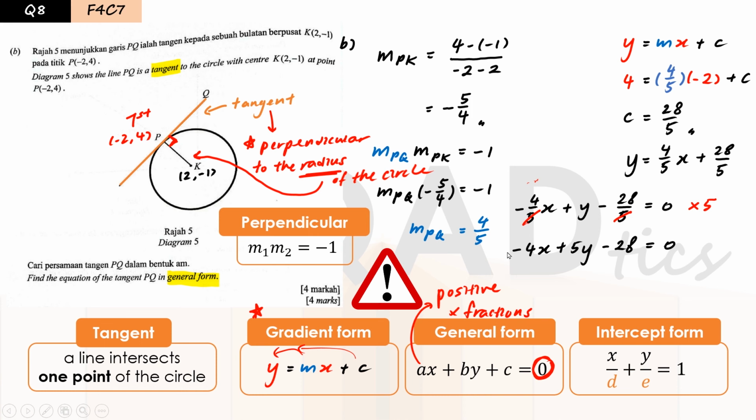So now we have a negative value of x. So we are going to multiply the entire equation by -1, meaning change the negative values to positive, and positive to negative. So the two values here, which are negative, will change to positive, and the value here, which is positive, will change to negative. And this would be the general form of the equation of tangent PQ.